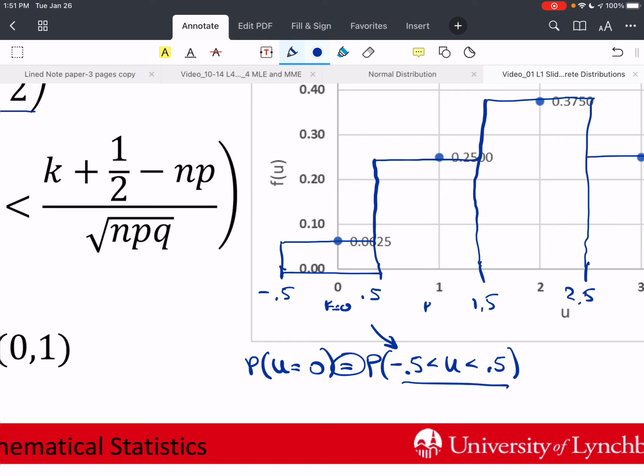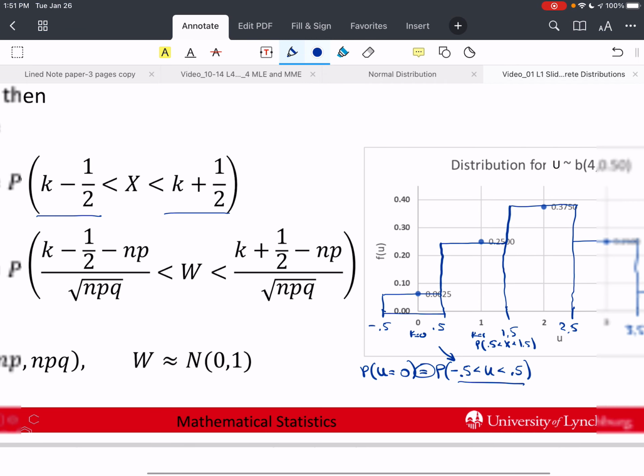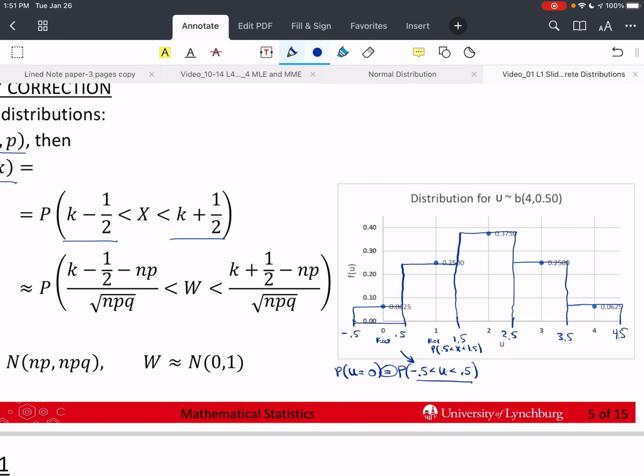If k is equal to 1, then we'd have the probability that X is between 0.5 and 1.5. Okay? So that's what we're doing. We're adding and subtracting the 1/2 as the continuity correction. Okay? So we've done that.